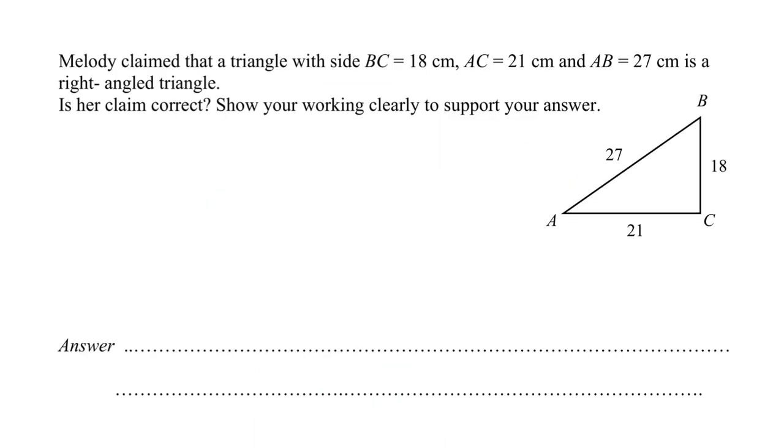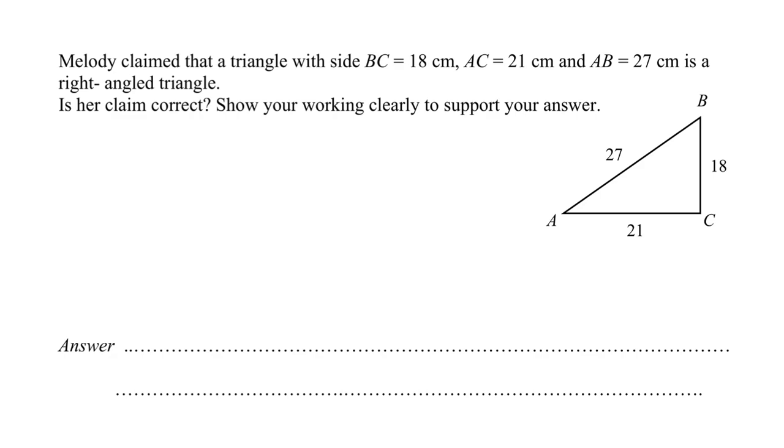Hello everyone, welcome to this question where we are given that Melody, this girl, claimed that a triangle of the following sides is a right angle triangle. Is her claim true? Do show your working clearly to support your answer.